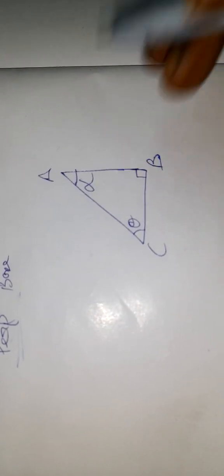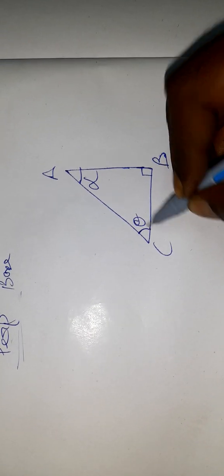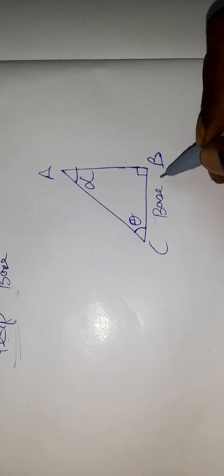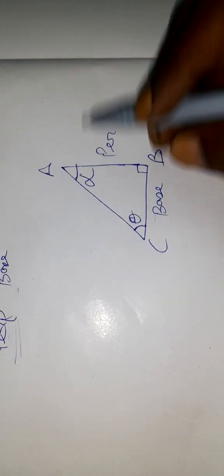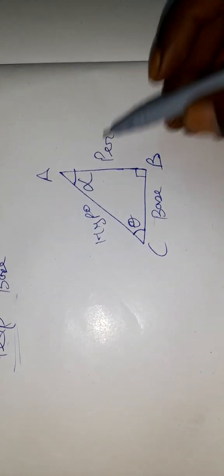You might be talking about sin x and cos x, right? Now from here they all have arrived. As I told you, if I talk about theta, then this is the base, this is the perpendicular and this is the hypotenuse.